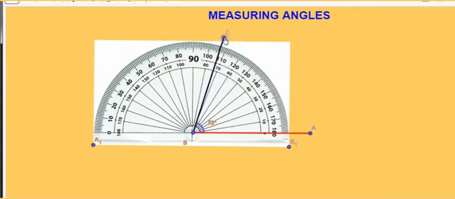Then when I draw another angle this way, 70 and 110 are there, but don't write it as 110 because we are taking the inner scale, because we are taking the measurement along with the line segment. So start from 0, the degree is 70 degree.